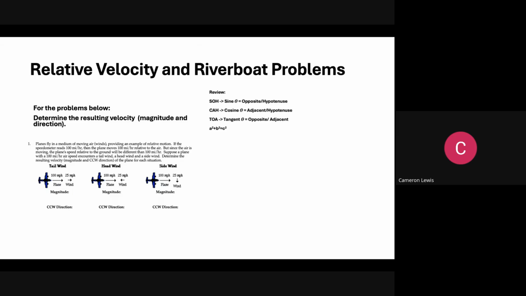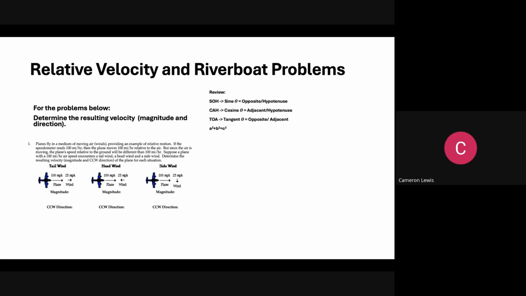So say each time with the plane, we're going 100 miles per hour, but the wind has a different velocity each time, and the velocity could have a different magnitude or a different direction. For these scenarios, it's going to have the same magnitude, but different direction. We're going to see how that plays out, right? So in the first scenario, we call this a tailwind, right?